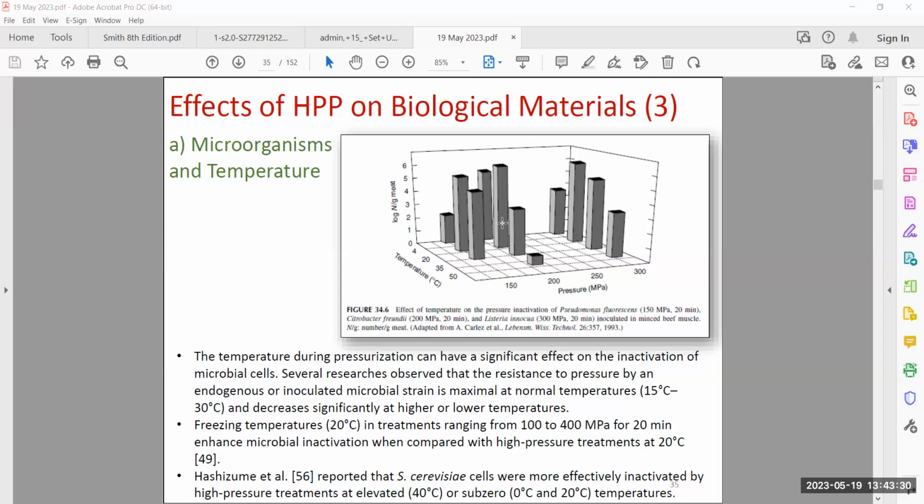Depending on it, sometimes even after a certain period of time, the microorganism can grow again, even after a pressure that has been applied to it. Freezing temperature in treatment ranging from 100 to 400 megapascal for 20 minutes will enhance microbial inactivation when compared to high pressure treatment at 20 degrees C.